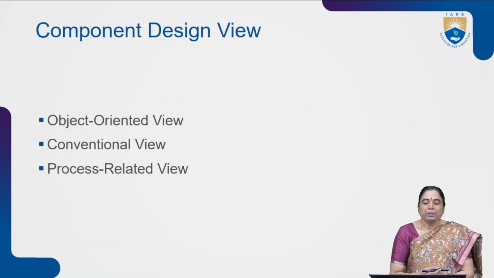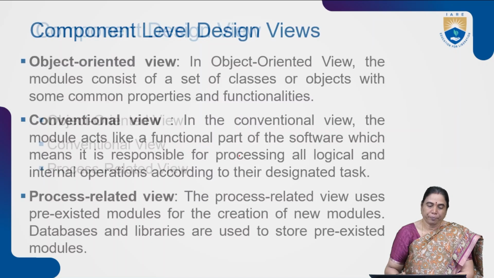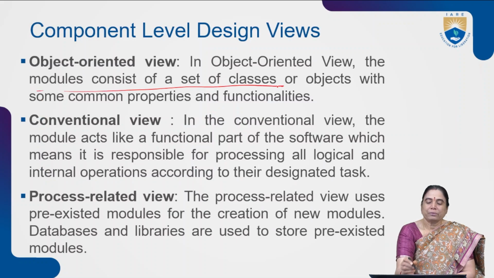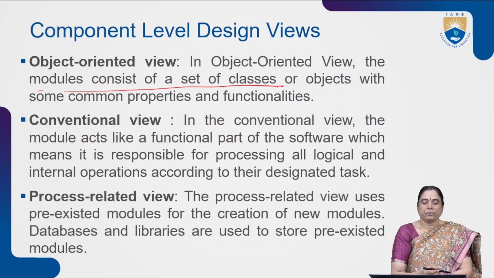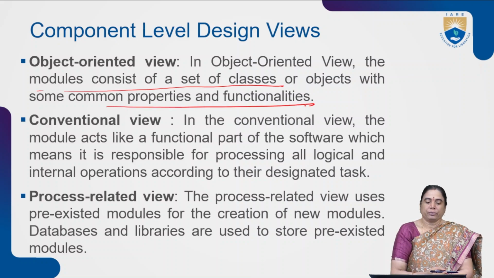So, the component design generally consists of three views. One is the object-oriented view, the second one is the conventional view, and the third one is the process-related view. In the object-oriented view, the modules consist of a set of classes or objects with some common properties and functionalities.